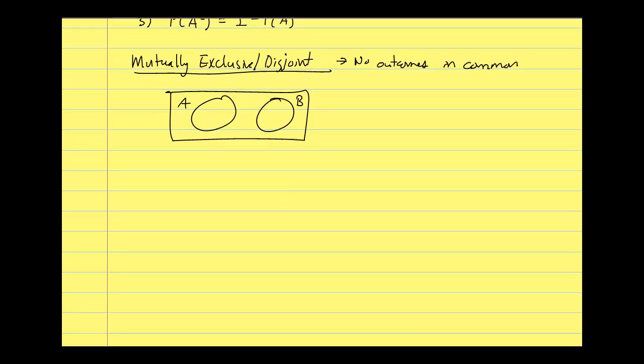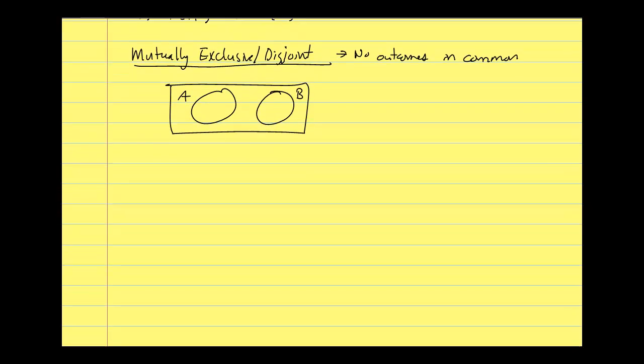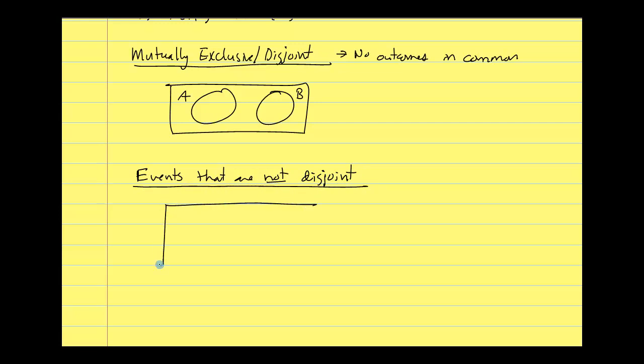Now we also have events that are not disjoint. So let's go ahead and talk about events that are not disjoint. That might look something like this picture. We have written plenty of these out.